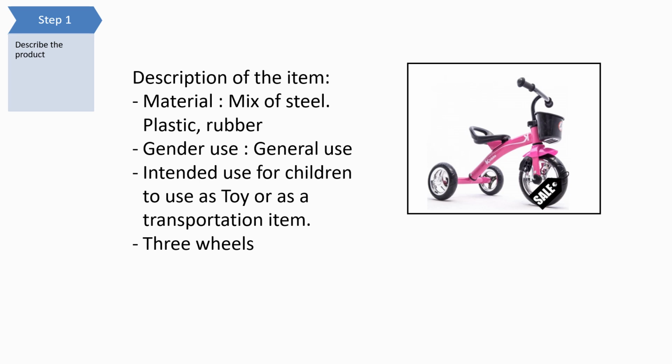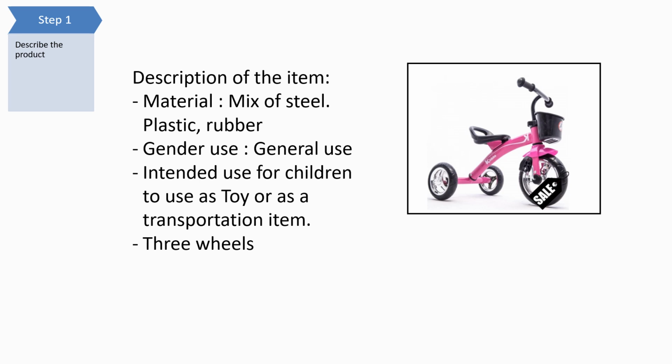The intended use, however, is for children, to use as a toy or as a transportation item, and it has 3 wheels, or we can basically say also it's a tricycle.